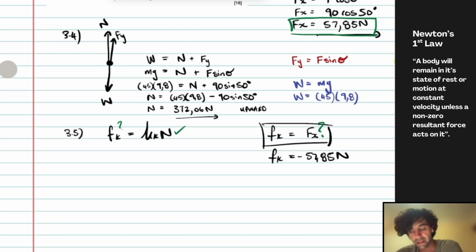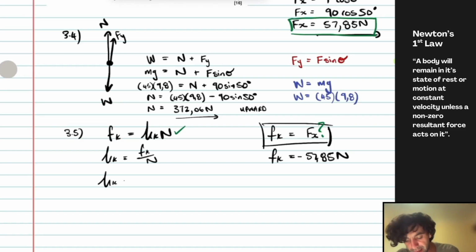All right, so let's quickly dive into this. We now know what Fk is, and we also know what the normal force is. So if I rearrange this so that the coefficient of friction is the subject of my formula, I will find that it is equal to Fk divided by n, the normal force.